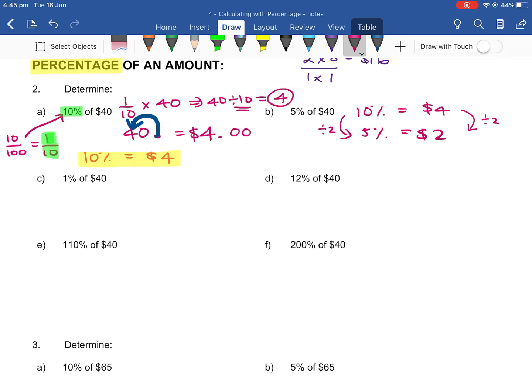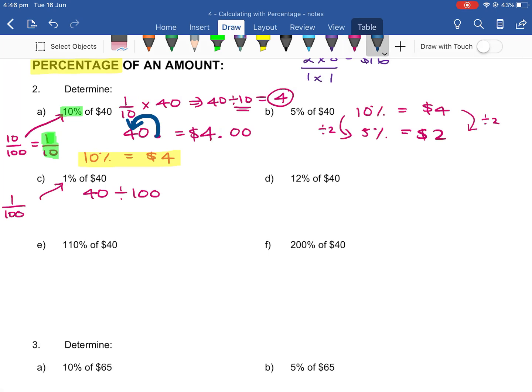Now 1% of $40. Now we know when we're dealing with fractions, that's 1 out of 100 because percentages are out of 100. Which means we're going to get the $40 and divide it into 100 equal pieces.